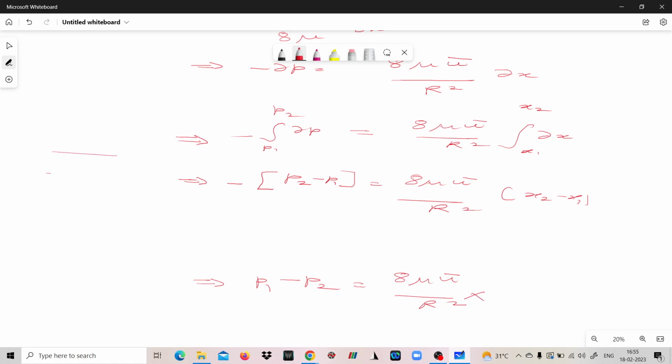What is the figure that we have considered? This is section 1, this is section 2. The x coordinate is x1 for point 1 and x2 for point 2. x2 minus x1 is nothing but the distance between section 2 and section 1, which is say L. Okay. So P1 minus P2 is equal to 8 mu U average by R square into L.